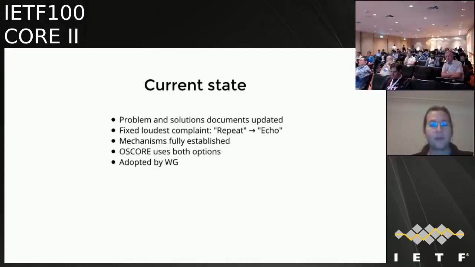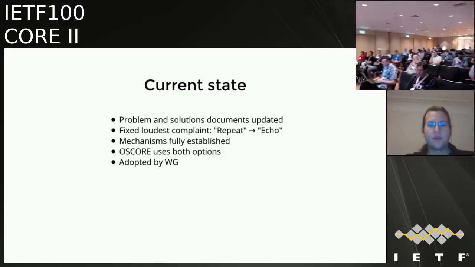We've heard the feedback from then and renamed the repeat option to echo, because repeat was way too confusing, because it's not a repeatable option. By now there is not only the updated document on the solutions, but also an updated problem statement document that covers all the cases.